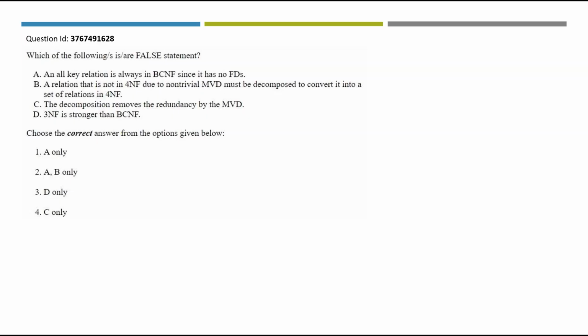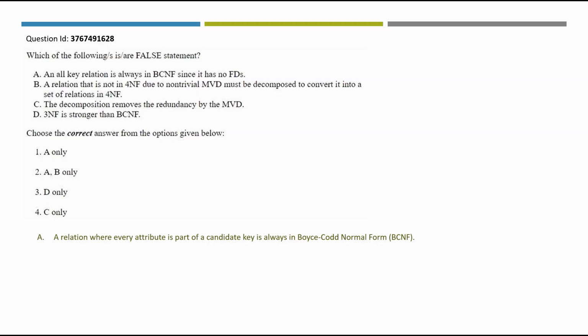Let's start with A. An all key relation is always in BCNF since it has no functional dependencies. A relation where every attribute is a part of the candidate key is always in Boyce-Codd normal form, which is BCNF.